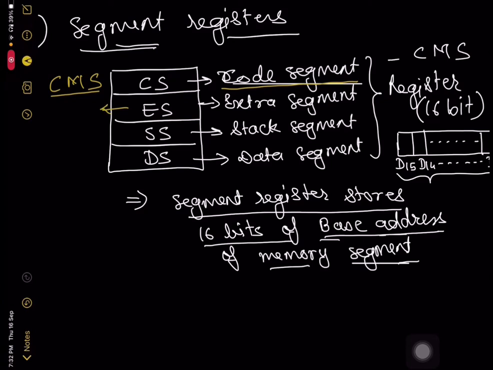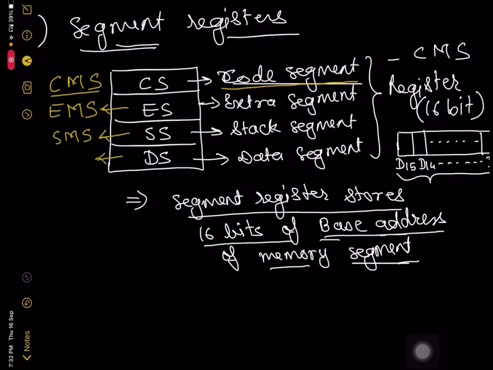ES, the extra segment register, stores the base address of extra memory segment, which saves the extra data. Stack segment register saves the base address of stack memory segment, which saves the data in the form of stack.